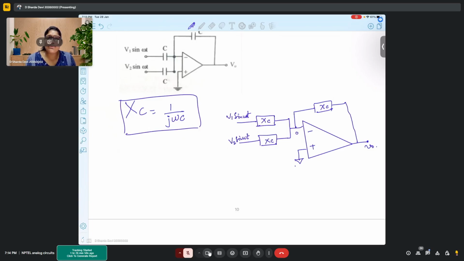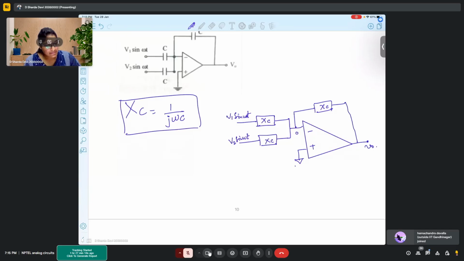This is how you also find transfer functions. To find the transfer function of a circuit, you apply basic rules like KCL, KVL, and the superposition theorem. These are the only rules you would apply. So this would be a good example to understand how to do that.